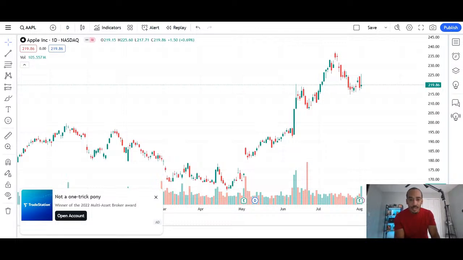But this is the basics of the candlestick chart. Usually, when I show y'all my swing trade setup, y'all can see all the indicators and the lines and all of that. But if you're looking at Apple on a daily chart, what I see is that Apple is making higher highs and is trending.